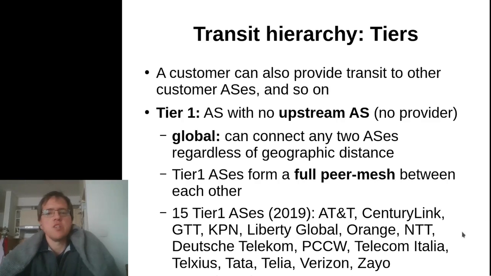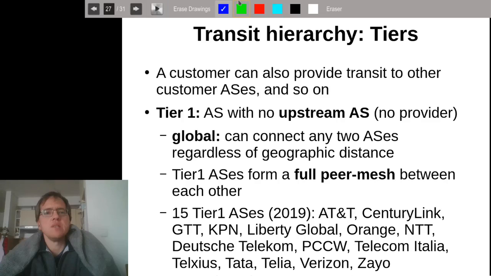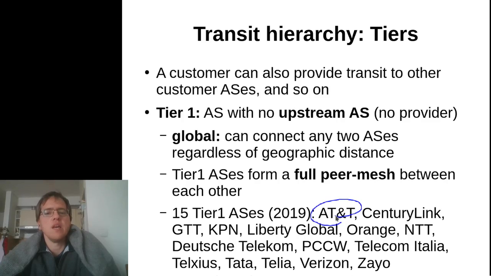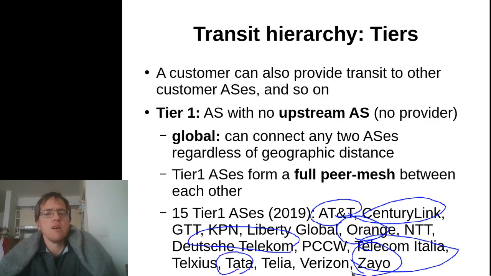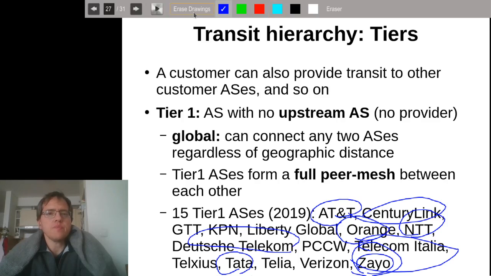There are of course the large US-based service providers like AT&T and CenturyLink, but also lots of European actors like Orange, Deutsche Telekom, and Telecom Italia. We also have tier 1s from India, from China, etc. This is NTT, the Japanese telecommunication provider.